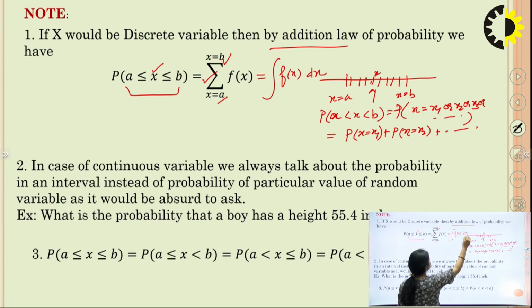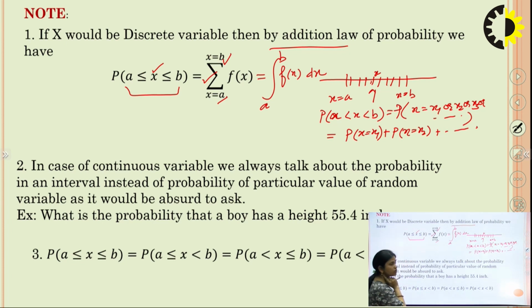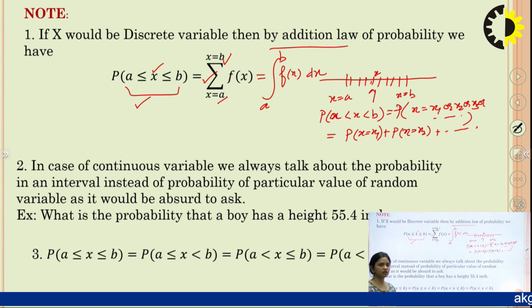So I hope you have understood this point, that in case of continuous variable, if we are applying the addition law of probability, then this probability is obtained by integration, as we have to find the sum, and this sum in case of continuous variable can be obtained by applying the integral.